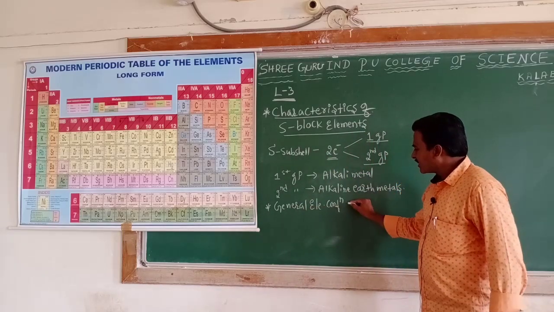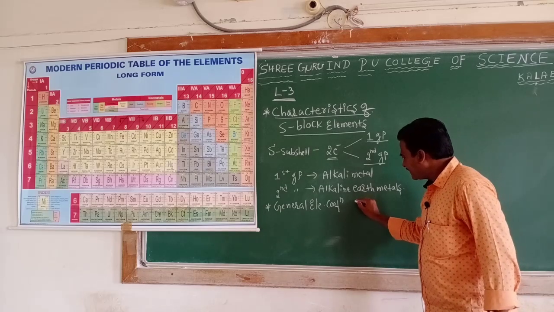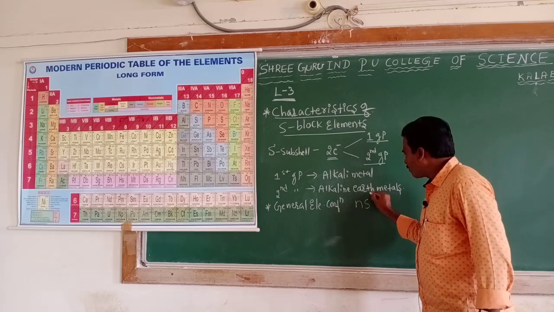The general electronic configuration of S block elements is ns1 to 2.